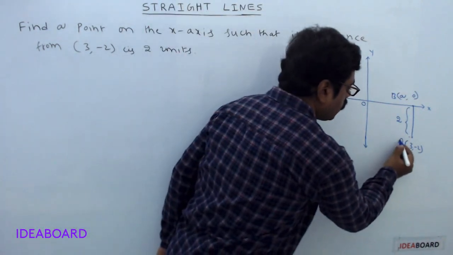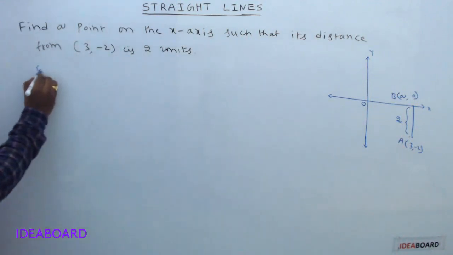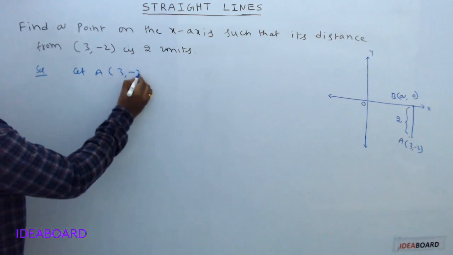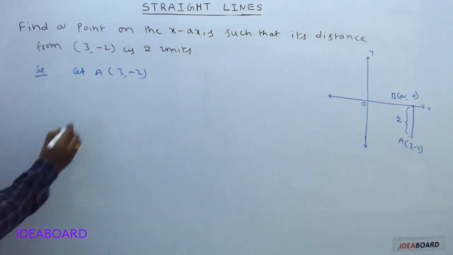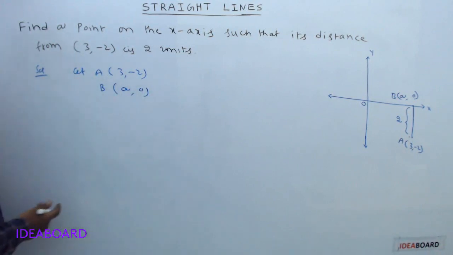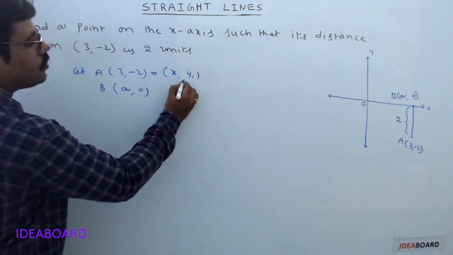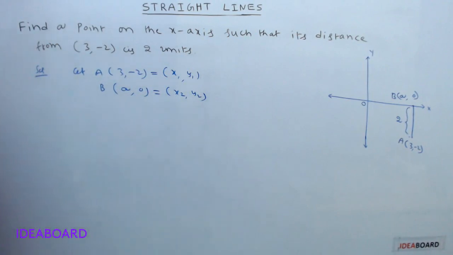Take the point (3, minus 2) as A. Let A be (3, minus 2). Take the required point on the x-axis as B, let it be (a, 0). (3, minus 2) is (x1, y1). (a, 0) is (x2, y2).